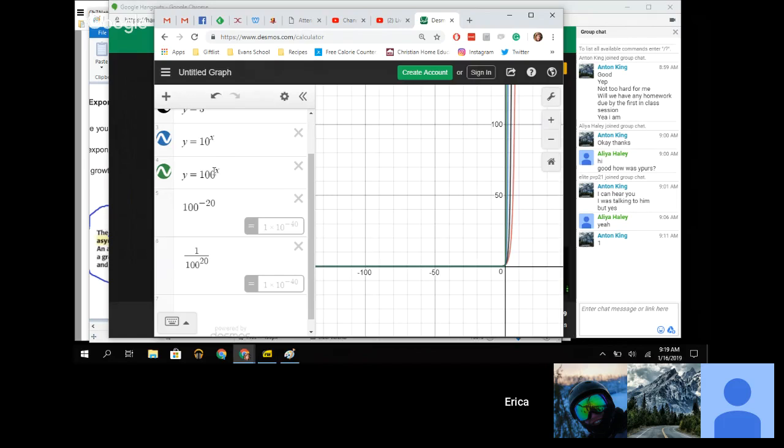Will it ever hit 0? Your calculator might basically say yes, it's hit 0, but technically it's never going to hit 0. So even if I go to x equals 100 or 1,000, let's try it. Yeah, your calculator gave up at that point.